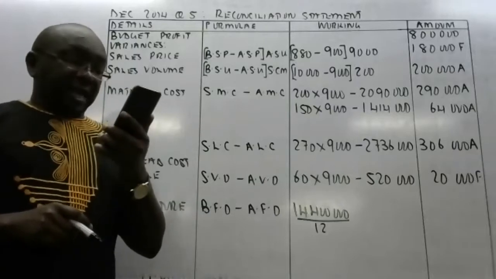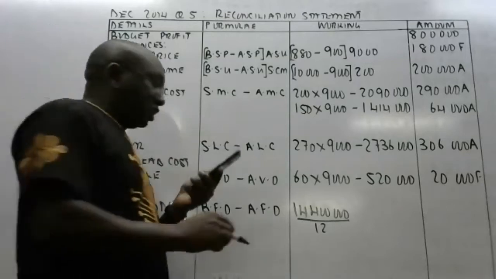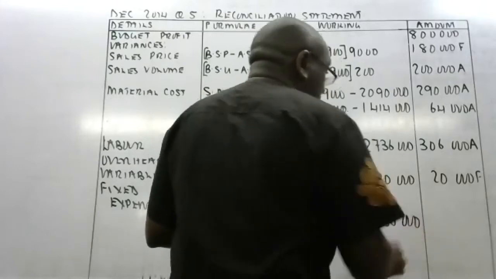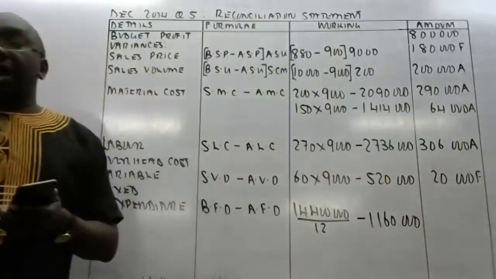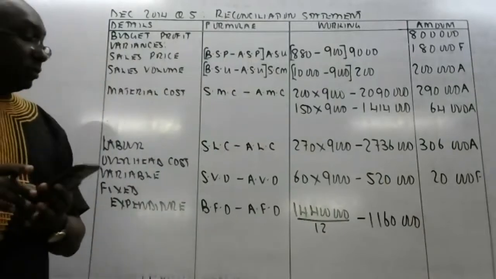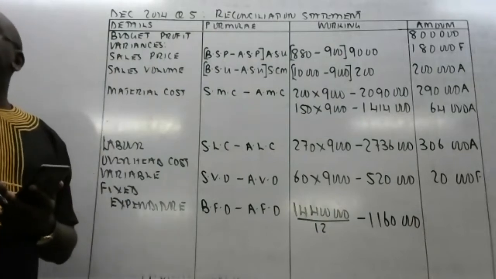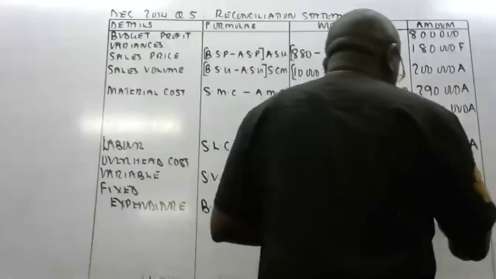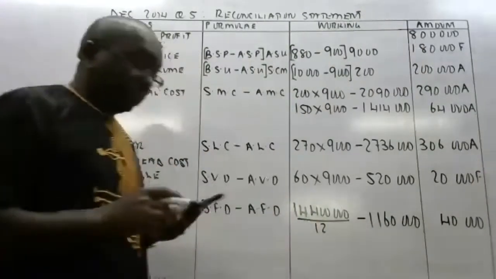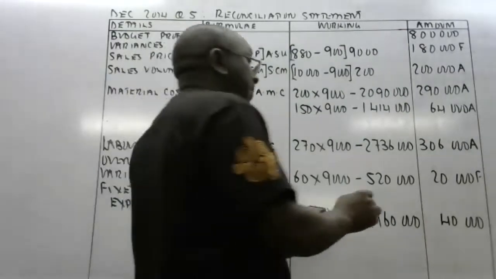Then you subtract the actual. Looking at the actual results, the fixed is 1,160,000. That gives $40,000. Favorable or adverse? Positive, eh? So it's favorable.